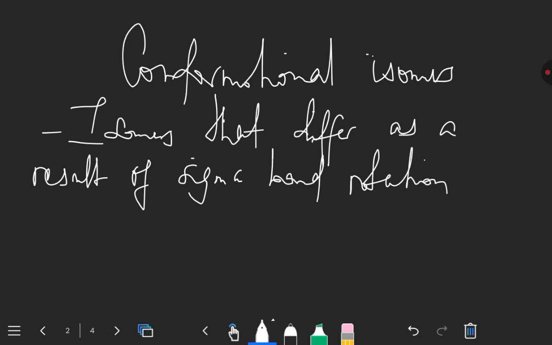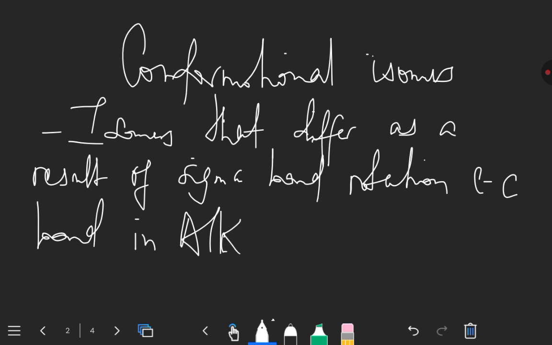And this happens at carbon to carbon single bond, and this is in what are known as alkanes. So that is one thing we must understand here.